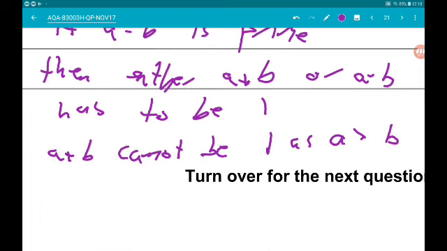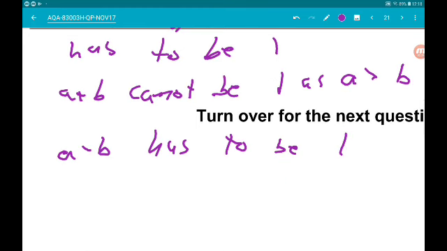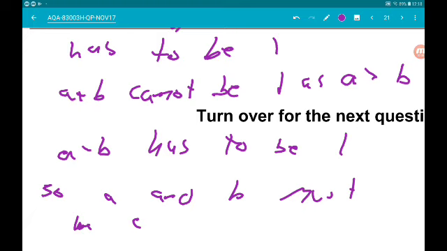So that means a minus b has to be 1. So a and b must be consecutive. Go.